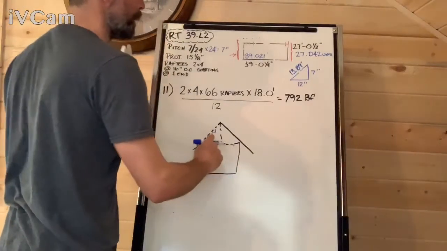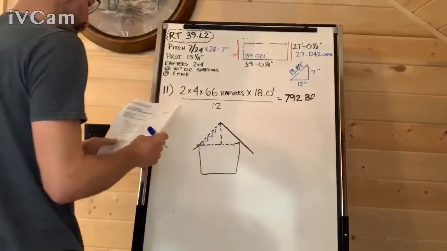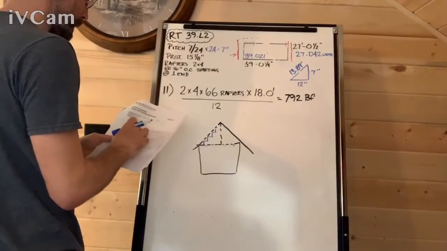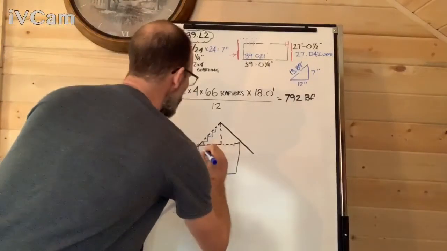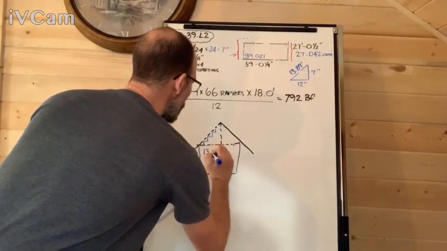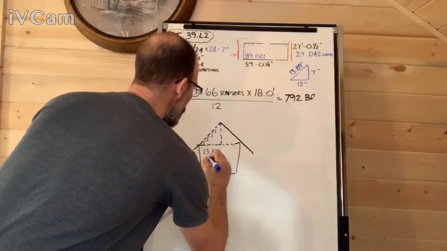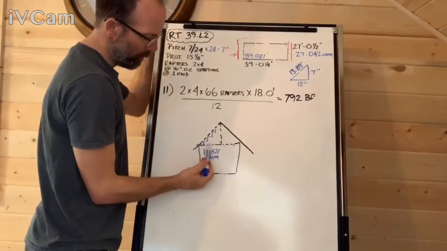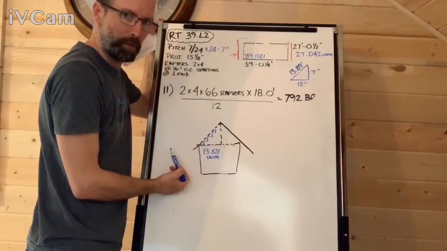Another unit of run over, 1 unit of rise. I know that the run of my building, we figured out earlier, was half of my span, 13.521 units. My rafter runs 13.521 units.